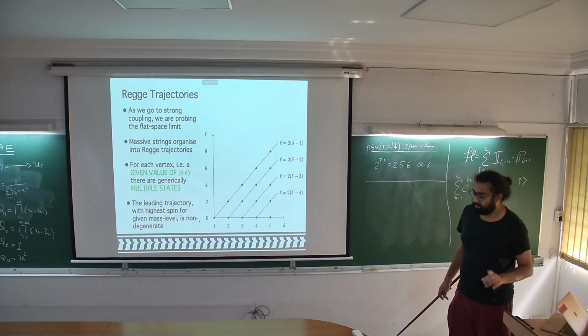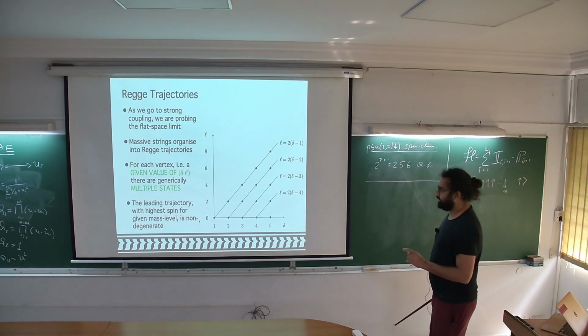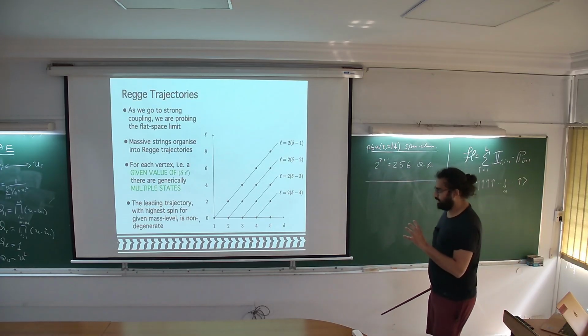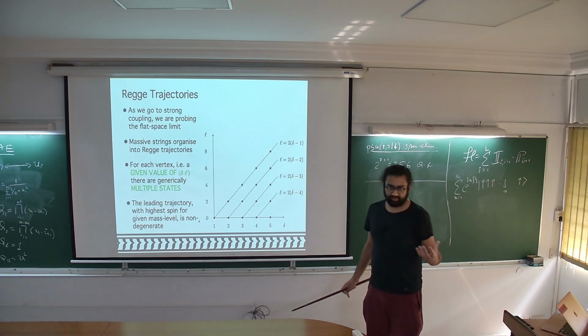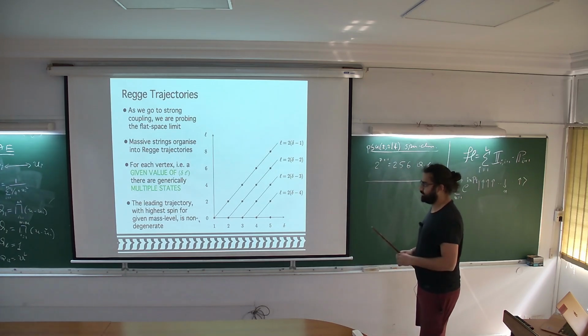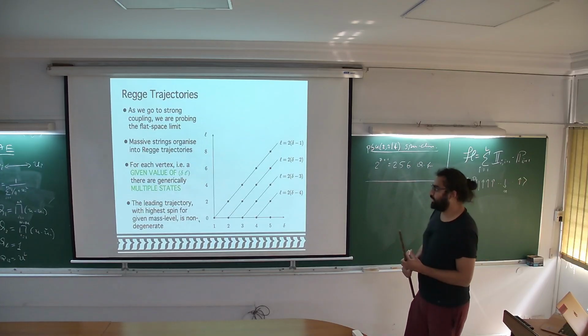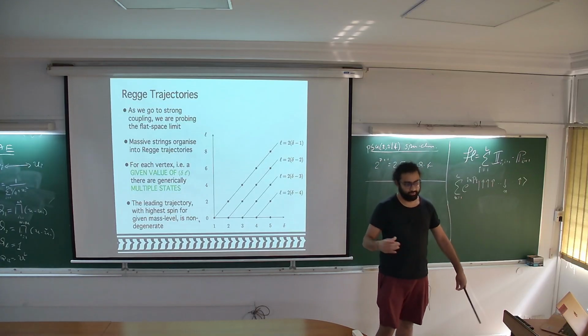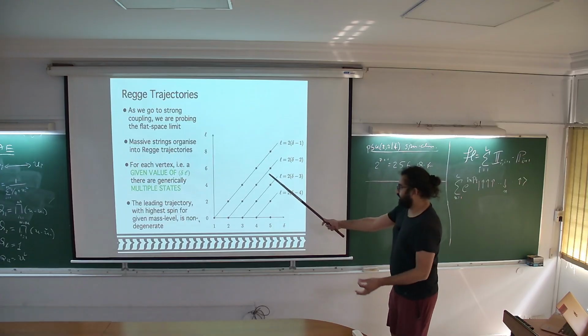Before we get constraints, let me talk a bit more about the spectrum of massive strings in the flat space limit. As we go to strong coupling, we are probing the flat space limit. Massive strings organize themselves into Regge trajectories, and they look like this.